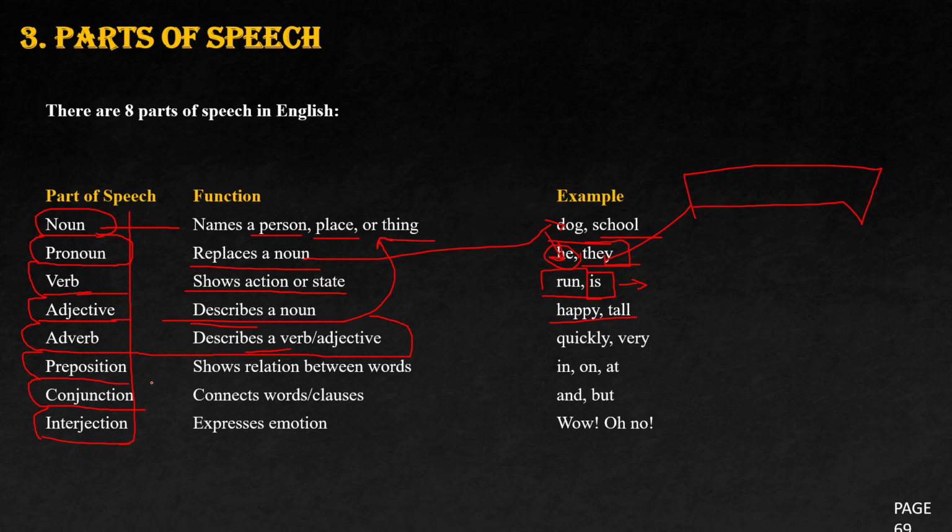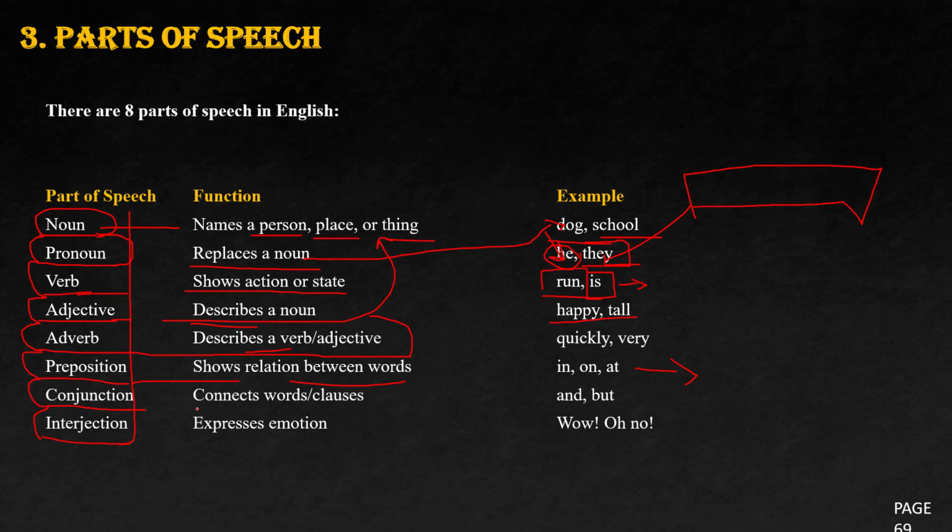Okay, next is the preposition. So what exactly does this do? It shows the relation between words. For example, in, under the table, on the table, at 7 p.m. So it is giving the relation. Fine. Next is the conjunction.